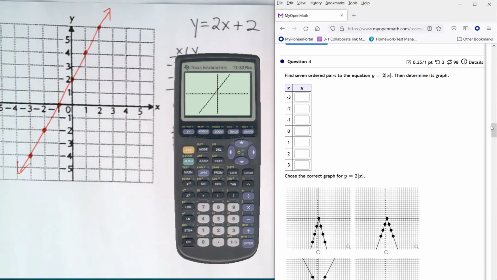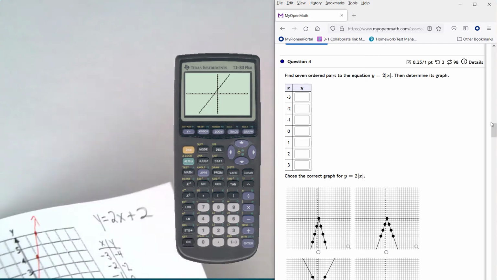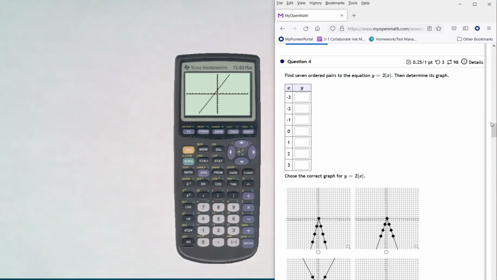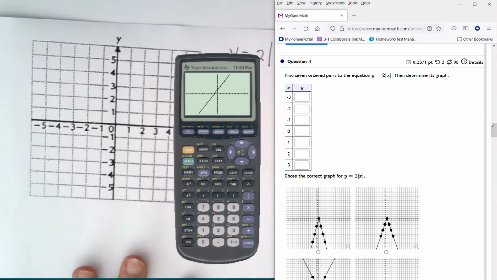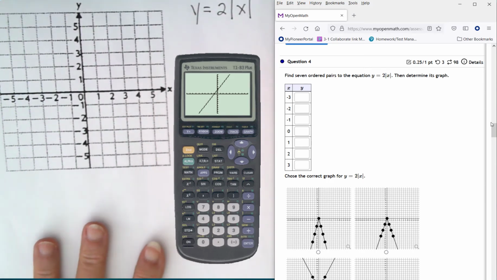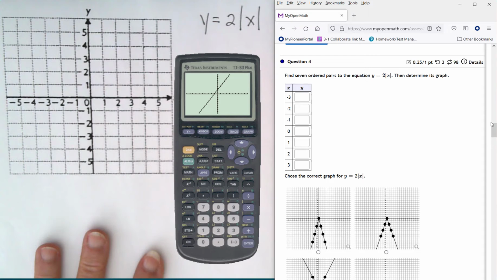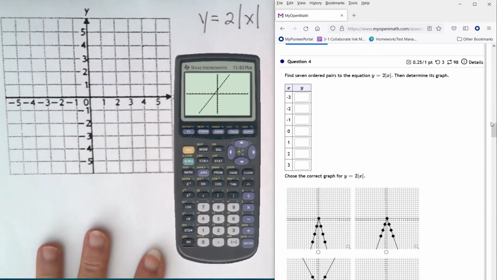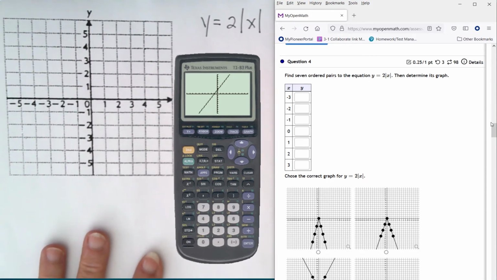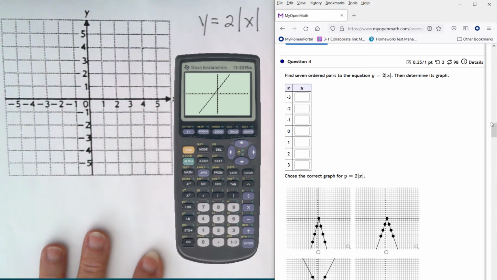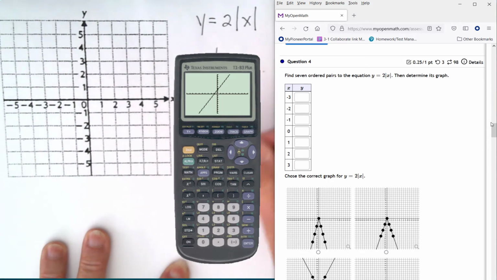And we'll do problem 4. Problem 4 has an absolute value. And we have to do a special button on the graph to get this one. Sorry. And I didn't make my grid.